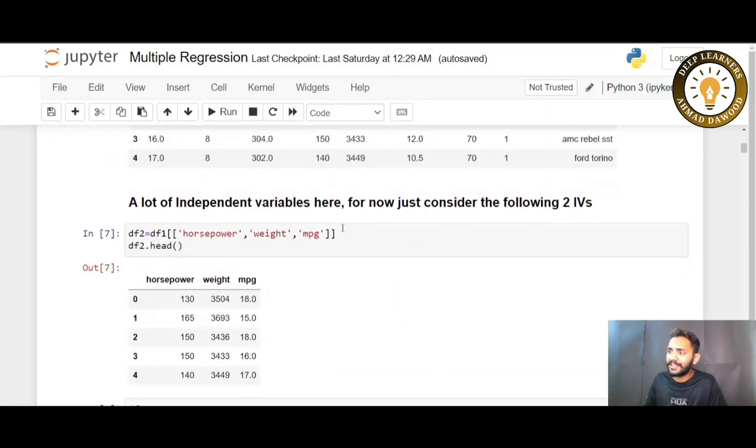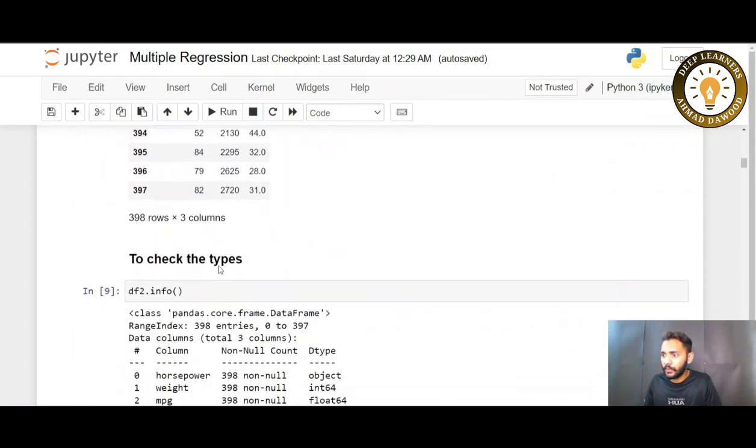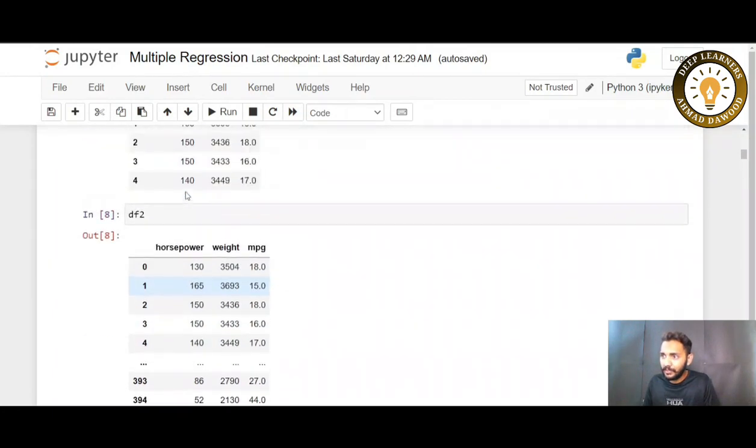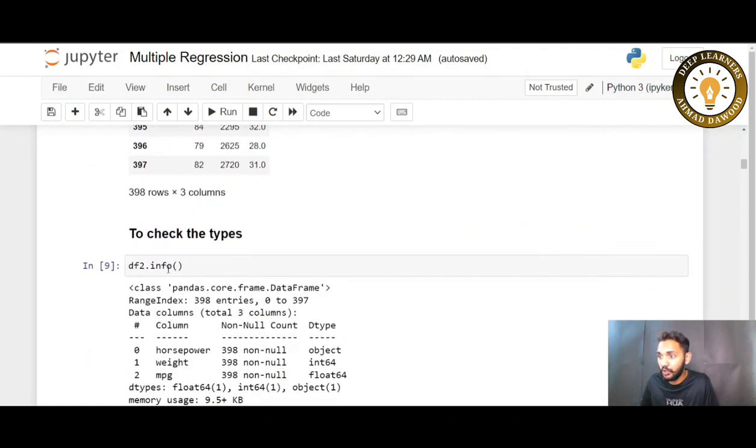I am extracting three variables from here: horsepower, weight, and miles per gallon, and I have named this data frame df2. Now it seems like df2 has numerical values in horsepower, weight, and miles per gallon, but behind the scenes these can actually be strings. So before going towards the modeling part, I will check the types using the info command.